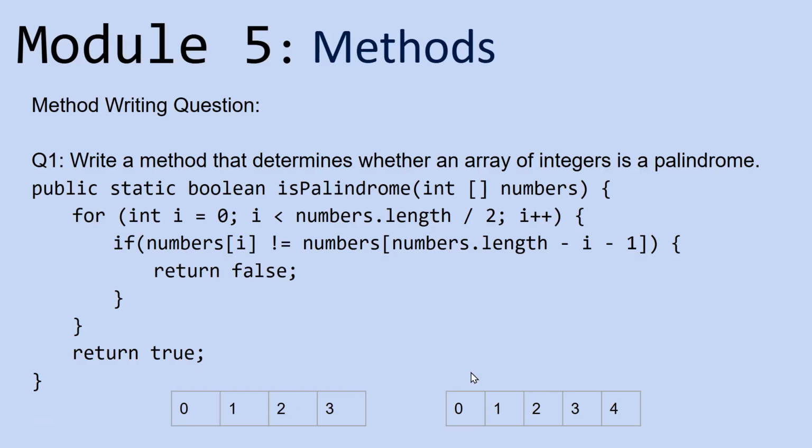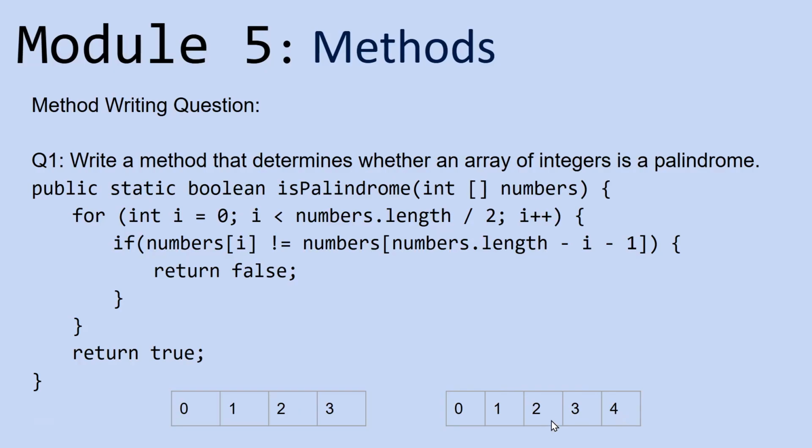And then let's just confirm this is the case for the odd numbered array. In this case, the array's length is 5. So we're trying to compare index 0 with index 4, 1 with 3, and it doesn't really matter what the value at index 2 is because it's just in the middle of the array.